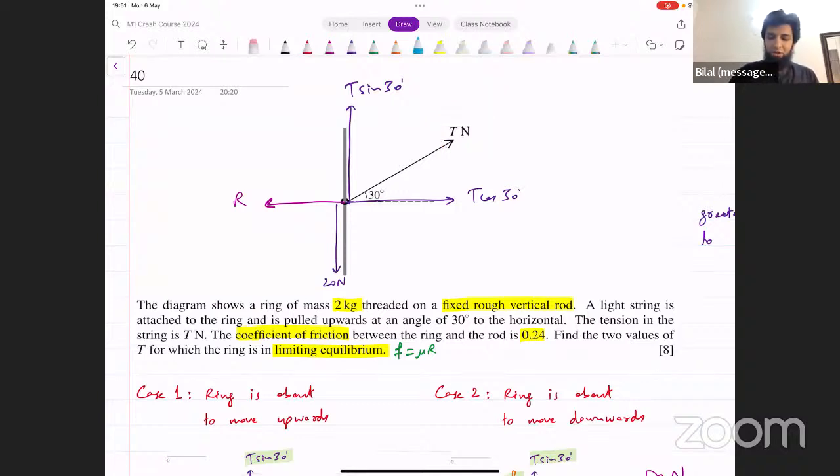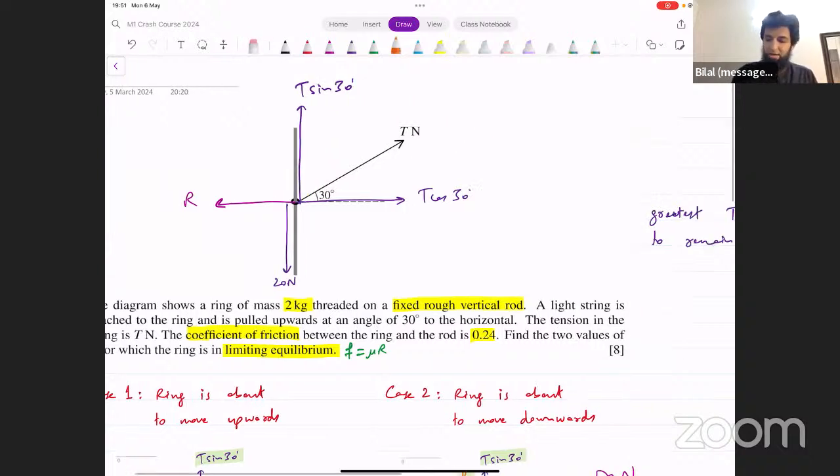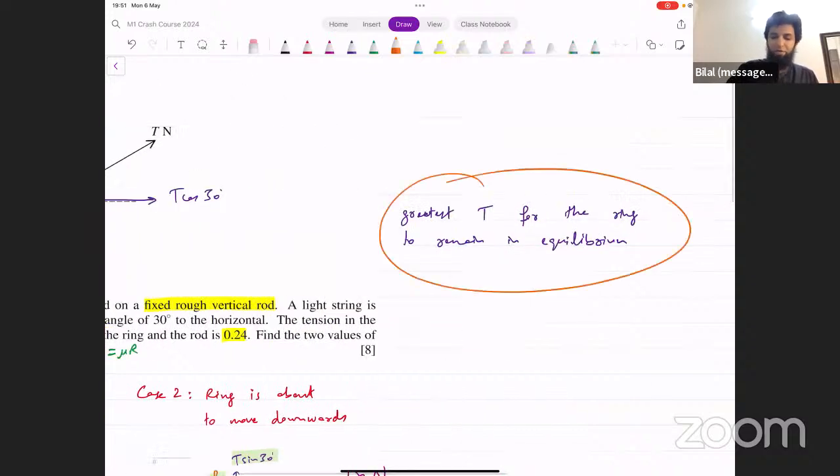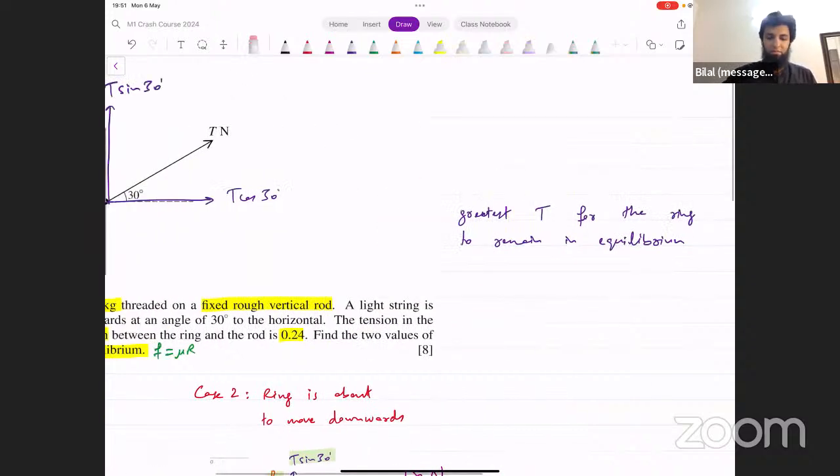Now, if this force T was very big, the ring would eventually start moving upwards if this force T was too big. So what's the greatest possible value of T for the ring to remain in equilibrium?